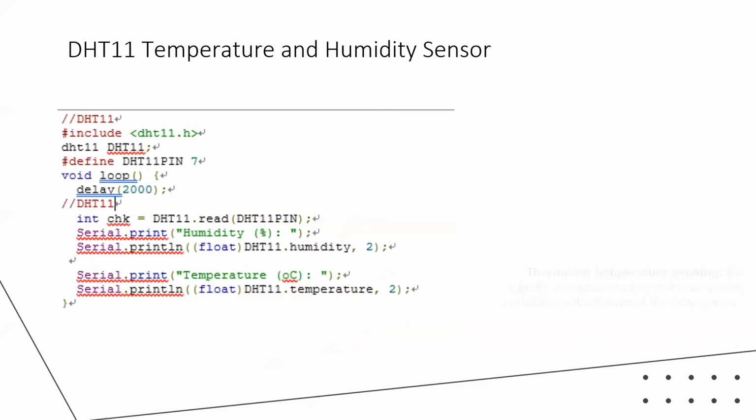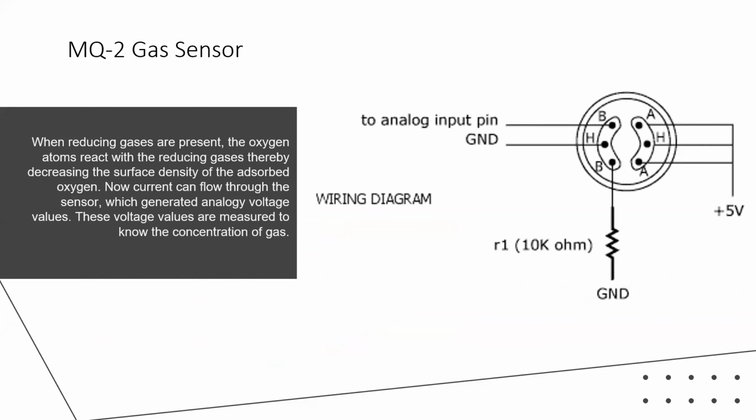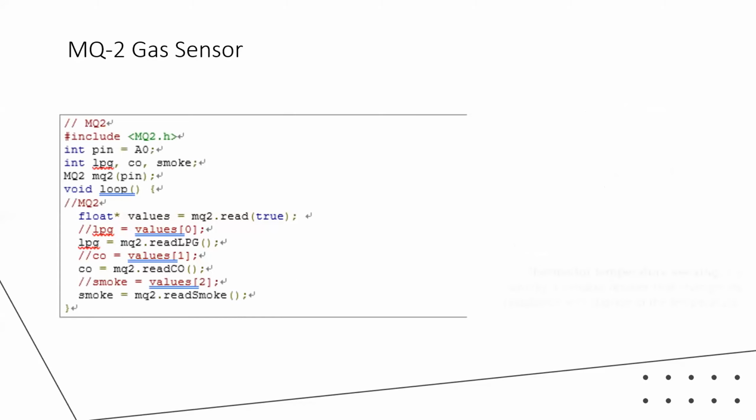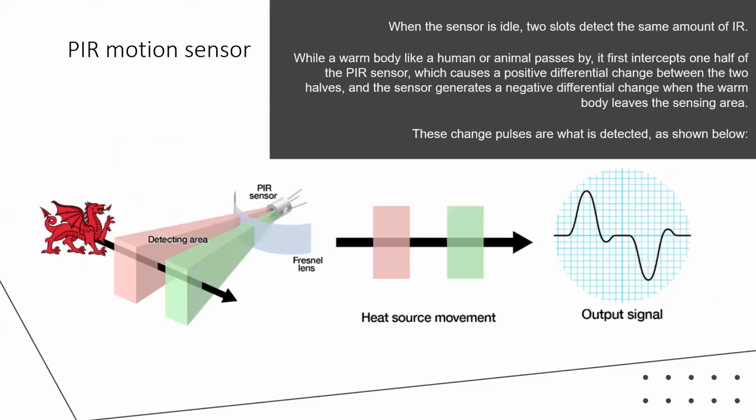And then we will use an MQ2 gas sensor to monitor the carbon monoxide and other hazardous chemicals that are present, to actually prevent the surface from being damaged. And these are the codes for our gas sensors.